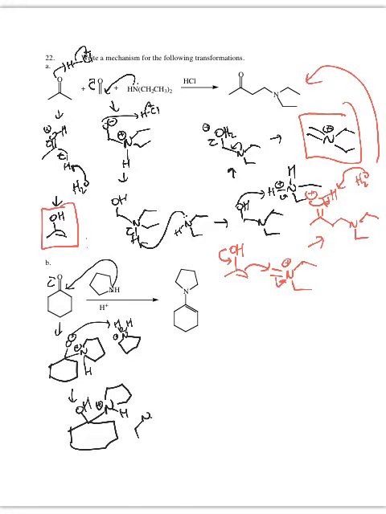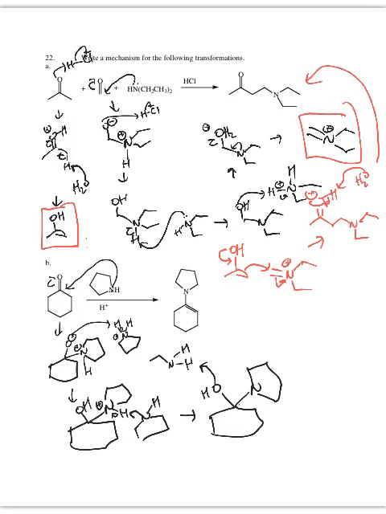Another nitrogen can come grab that extra hydrogen to neutralize the amine. And then our OH can grab a hydrogen off of a protonated amine to make it a good leaving group.